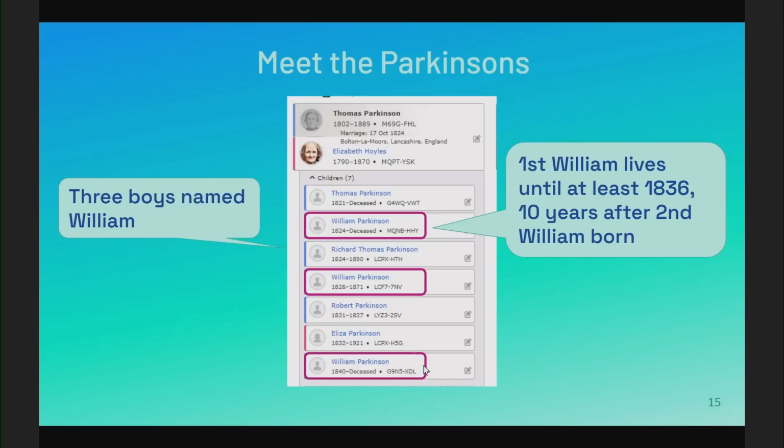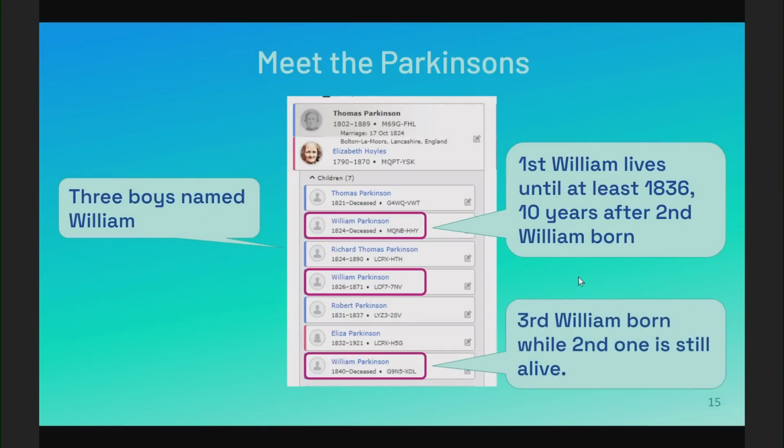That's 10 years after the second guy was born in 26. So this guy is still alive. The family is probably not going to be naming another kid the same name, and they're definitely not going to make the same mistake a third time for this third William who was born while the second one is still alive. So clearly there are some problems in this family.